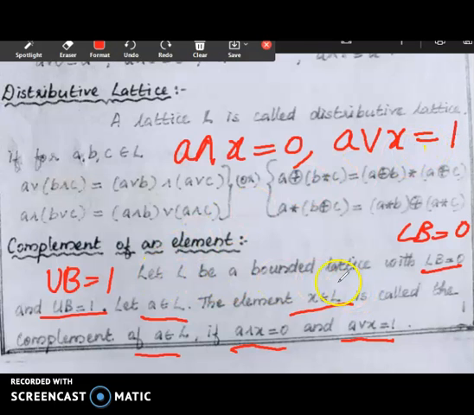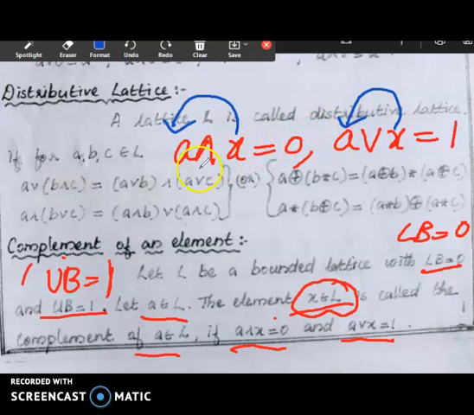That means the lower bound is 0 and the upper bound is 1. Then X is called a complement of A.